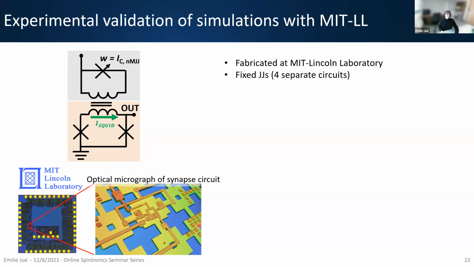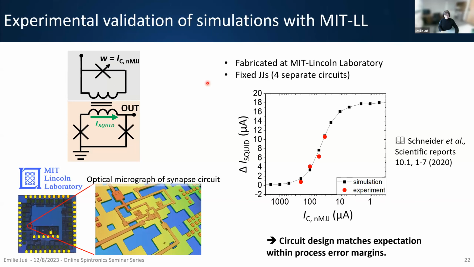So what we did instead is that we built 4 identical cells where we replace the nanoclustered magnetic Josephson junction by a normal Josephson junction with a fixed critical current. But for the 4 different circuits, we're going to use 4 different values of critical current.